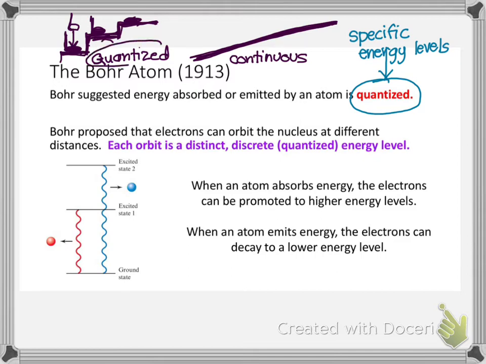And so what they're saying is the energy of the electron is quantized. There's only certain places that the electron can be. So what Bohr was proposing with his orbits is that the electrons can orbit the nucleus at different energy levels, but only those specific energy levels.